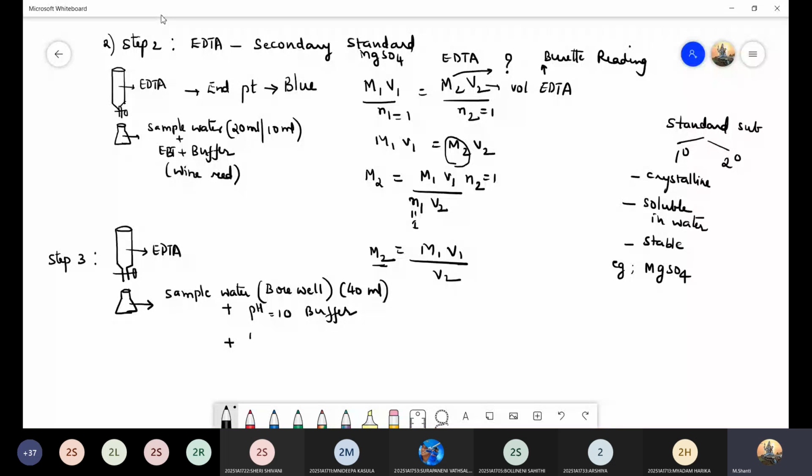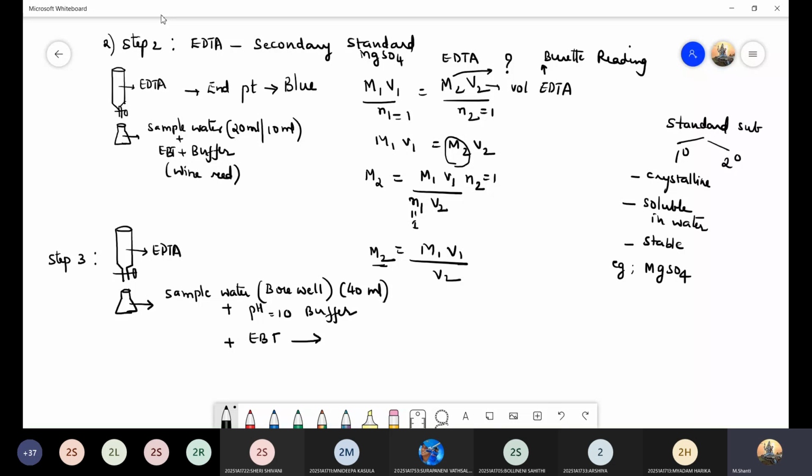We add EBT indicator. What's the color change here? Blue. Blue, ma'am. I'm not asking after titration, I'm asking before titration. Wine red, ma'am. Wine red, good.